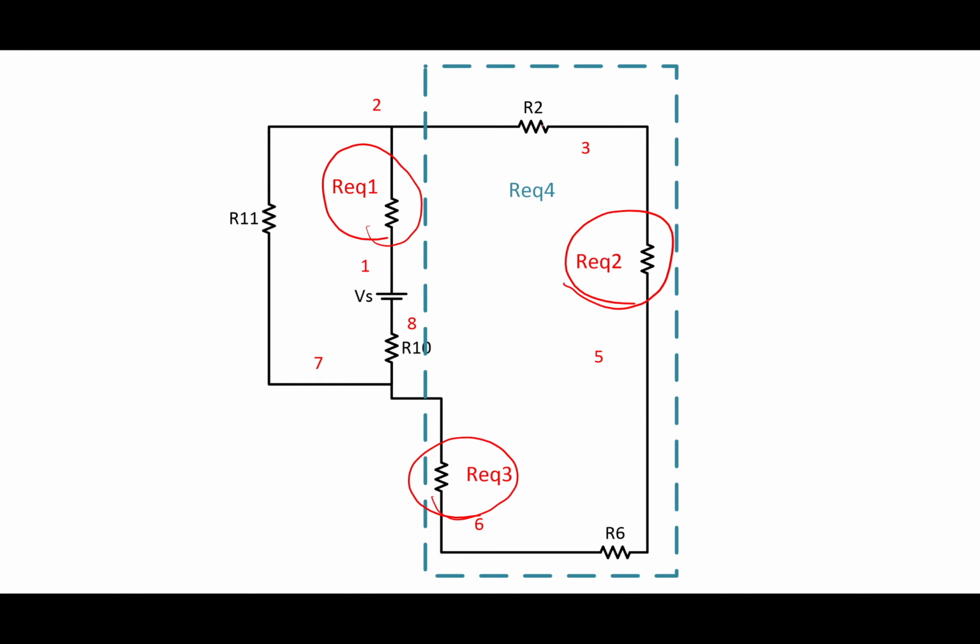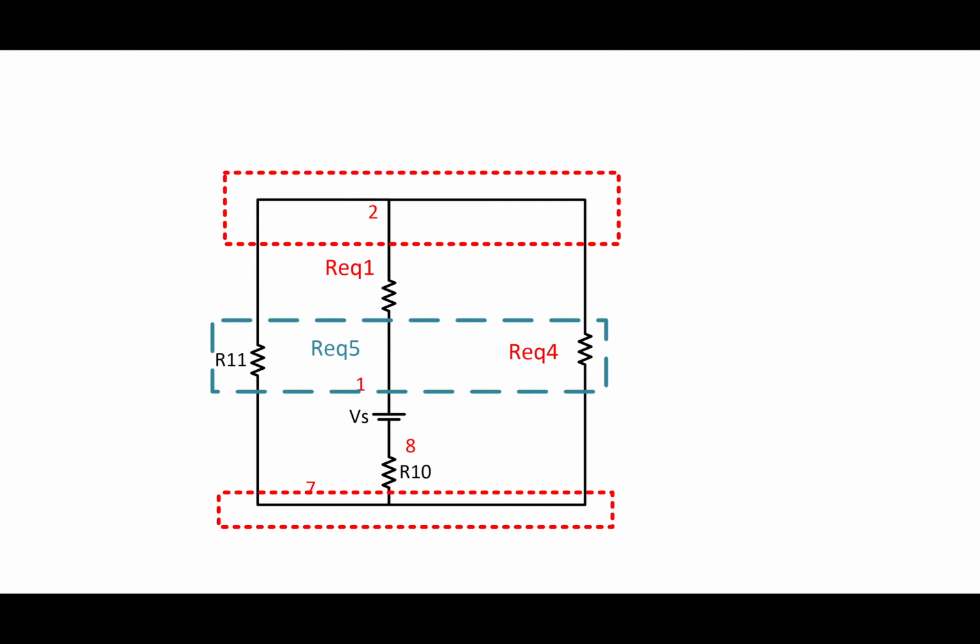When you check R2, R equivalent 2, R6 and R equivalent 3, you see they are connected in series, one after the other. So I will replace this complete string, R2, R equivalent 2, R6, R3, with a single series equivalent resistance.